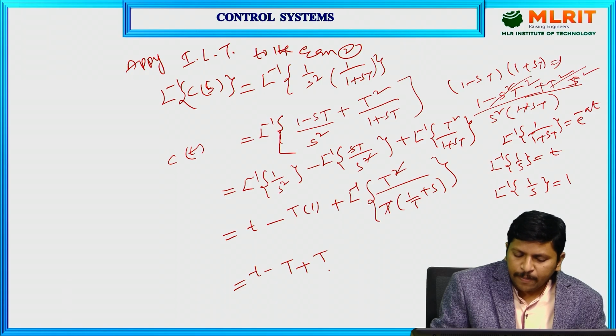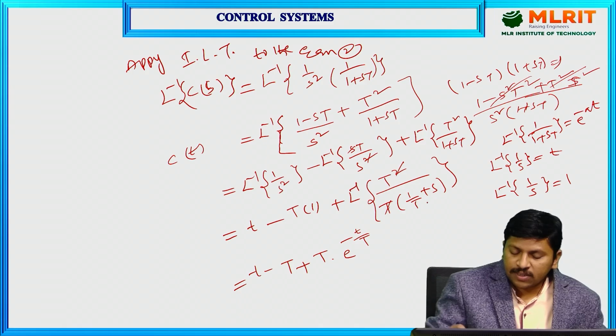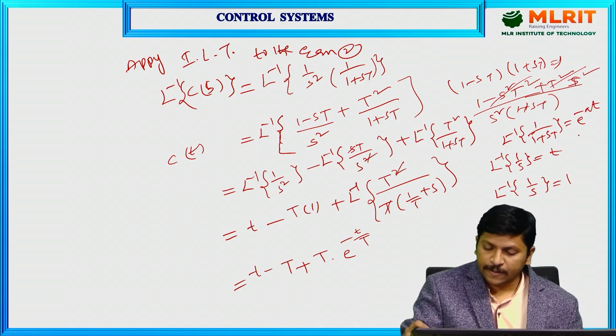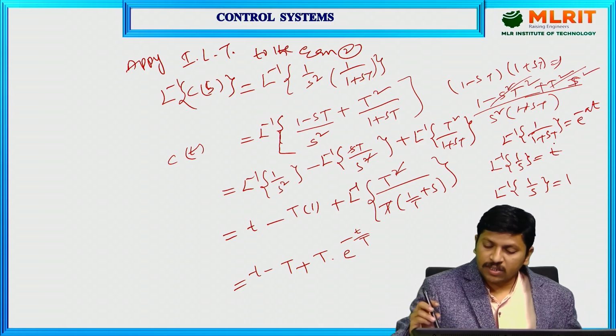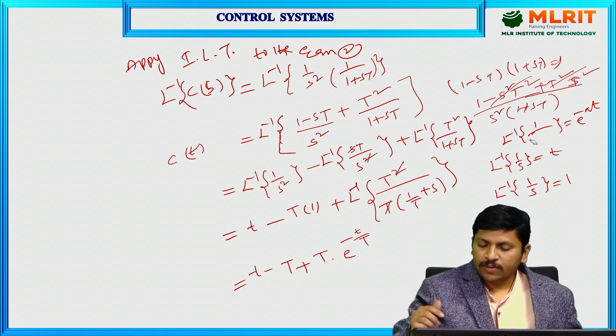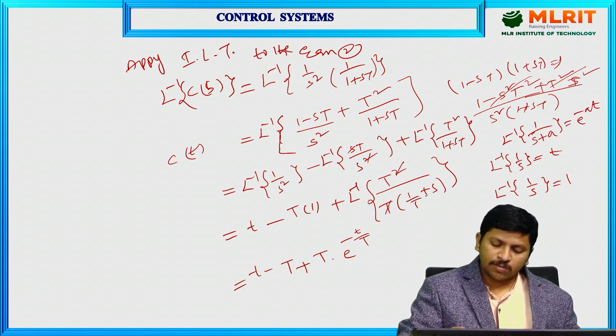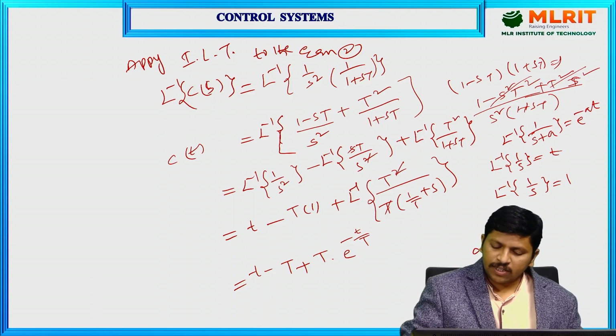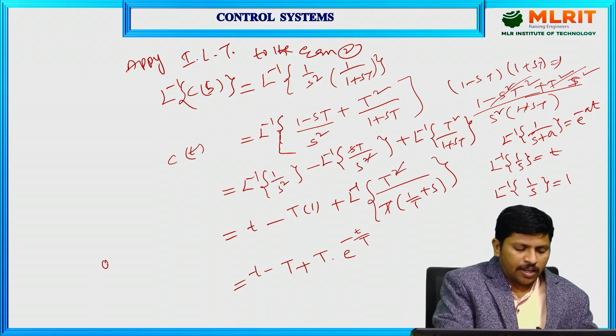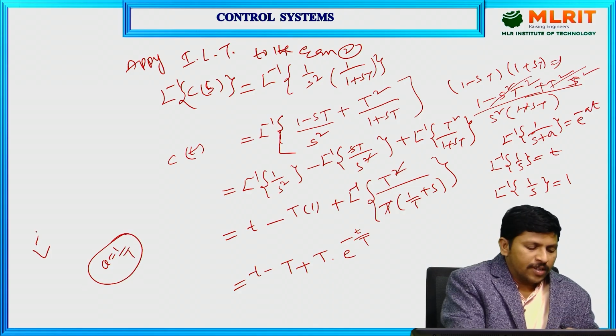So T into e to the power of minus t by capital T. Here (1 + st) is the s plus a form, right? 1 by s plus a. Here a equals 1 by T. Just consider it as inverse Laplace of 1 by (s + a), right?